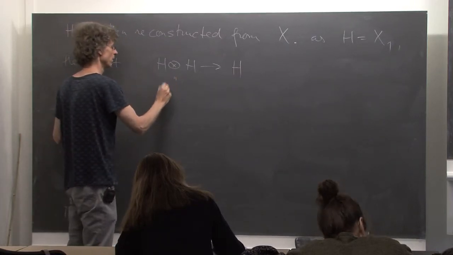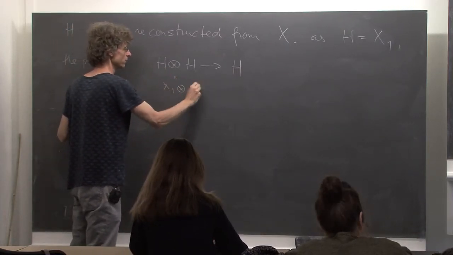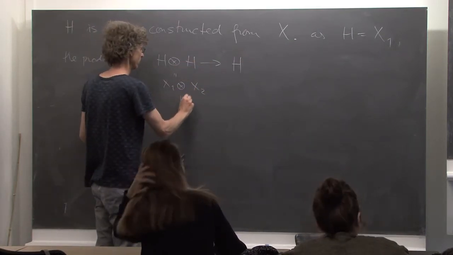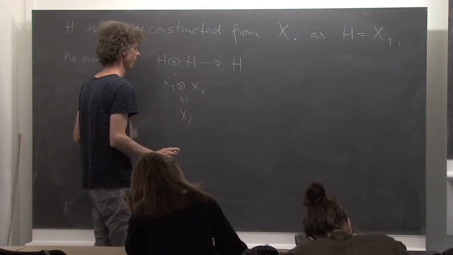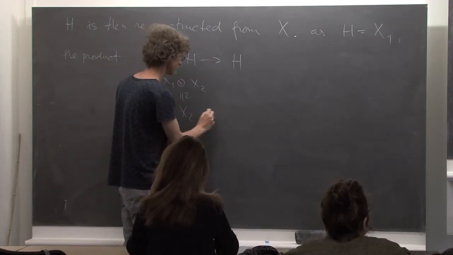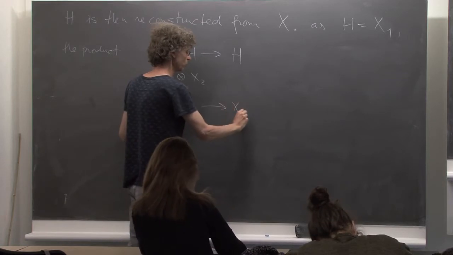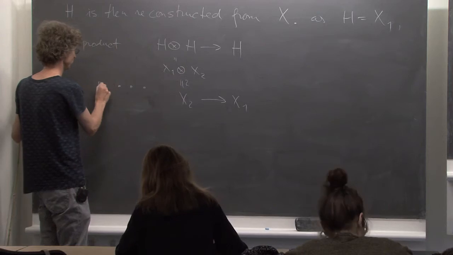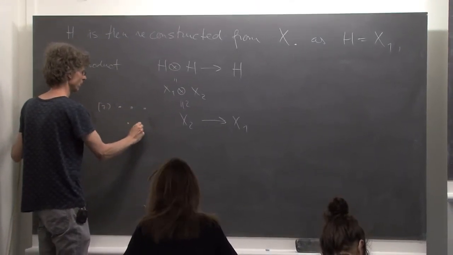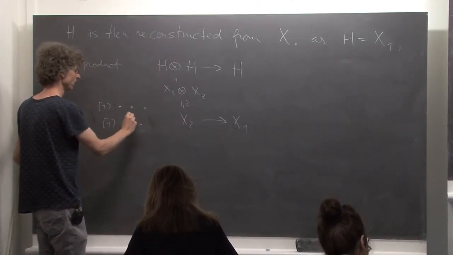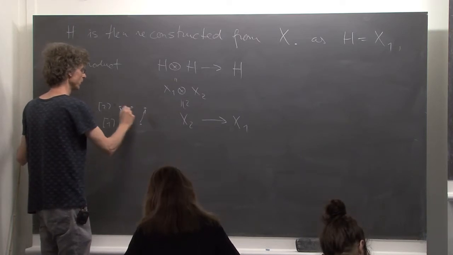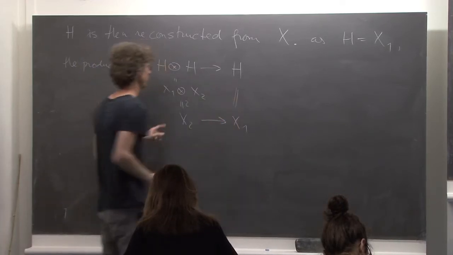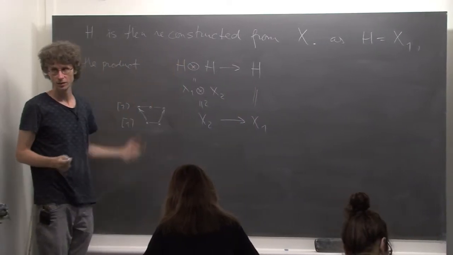This is X_1 tensor X_1, which is isomorphic to X_2. Here we can go to X_1 with this favorite picture that we have, 2 and 1, and the map goes this way. That's exactly what we were doing. So this is equal to that thing. So this is the product that you obtain.